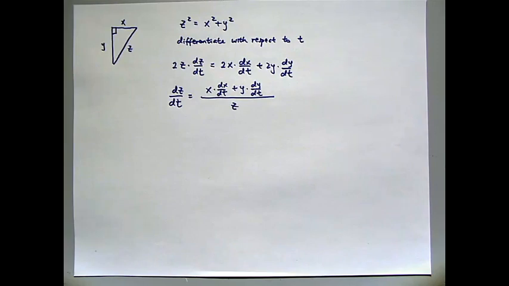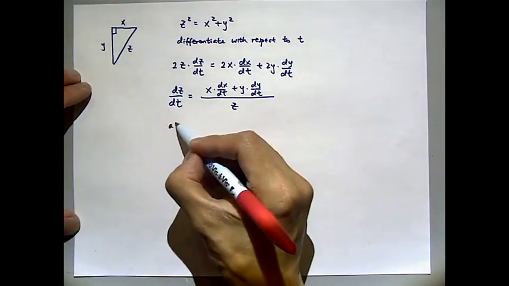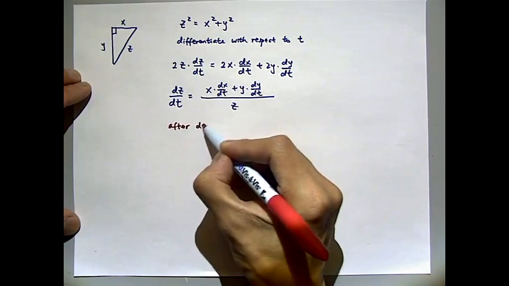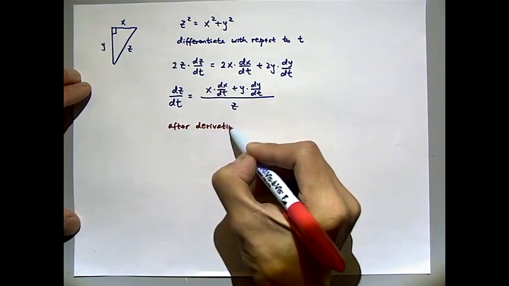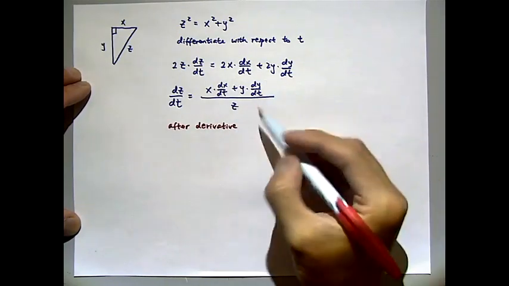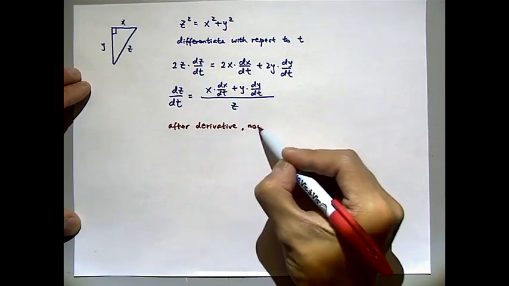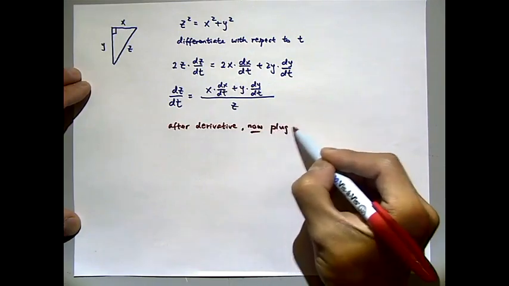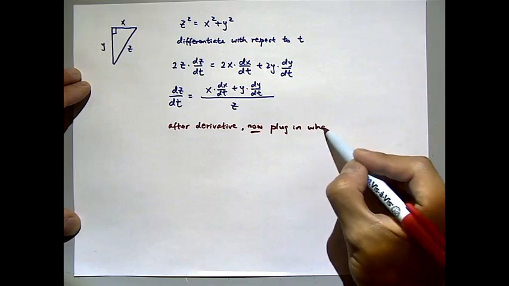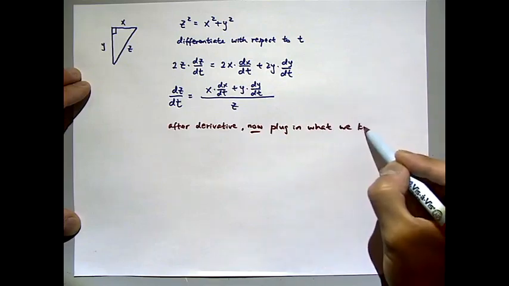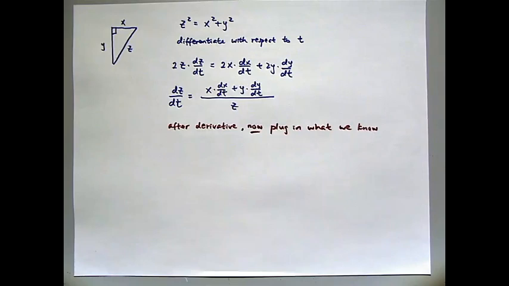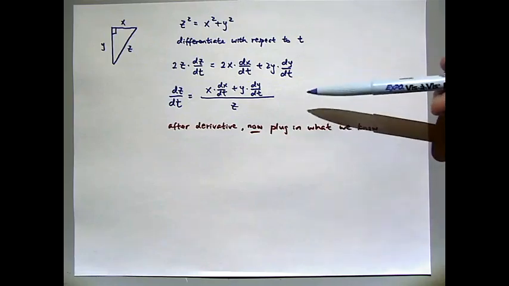And as usual, you only plug in any number after you take a derivative. Do not put any of those numbers in, the 25, the 60, all those things, into anything until you've taken one derivative.